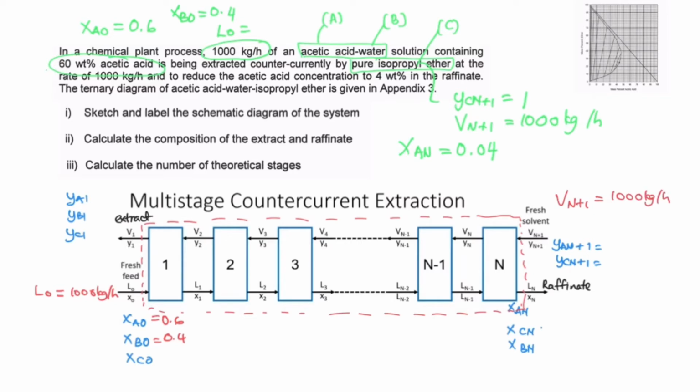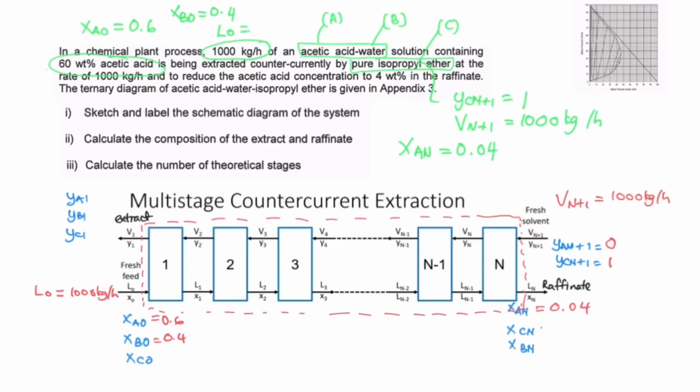And then we have XAN, which is given by 4%, which is 0.04. And then you are also given that the solvent used here is pure. Therefore, YCN is equal to 1, and the solute in the solvent is 0.